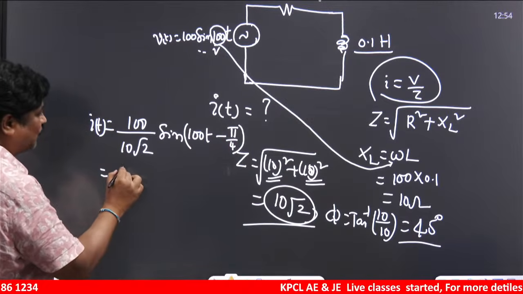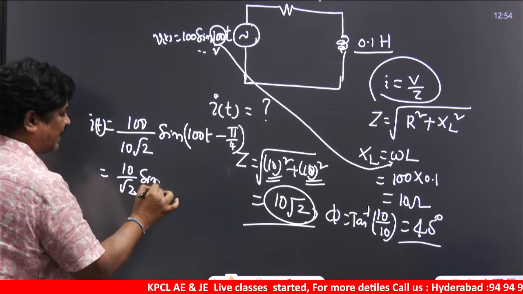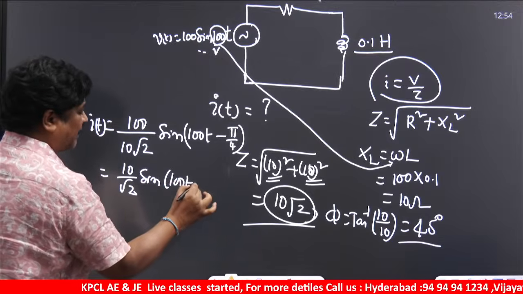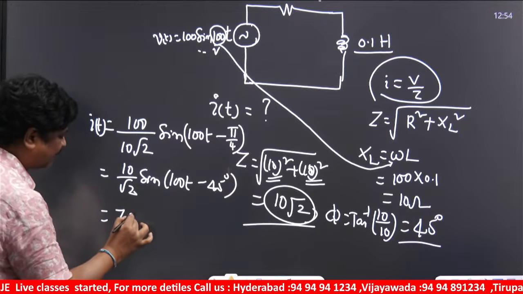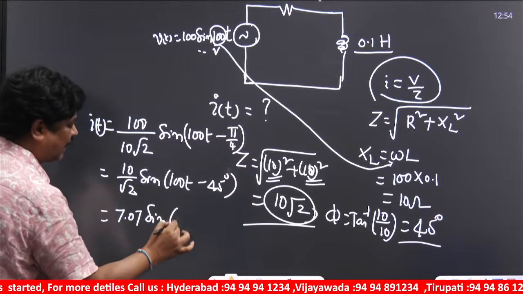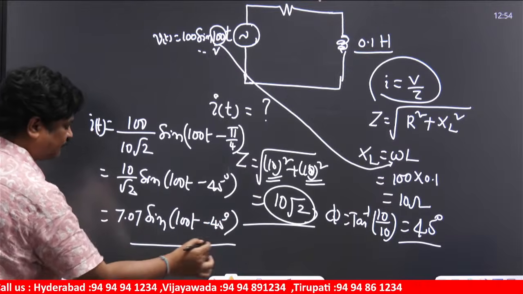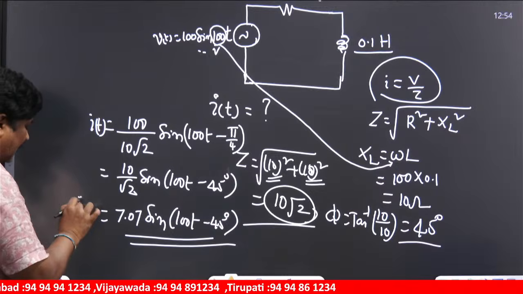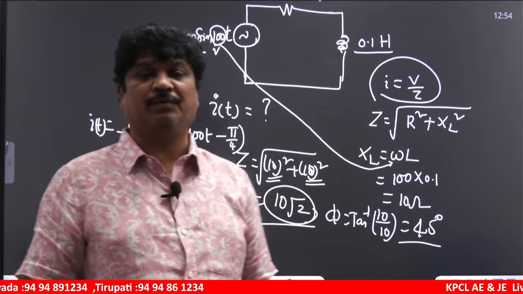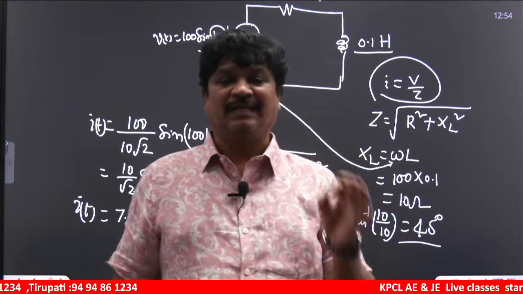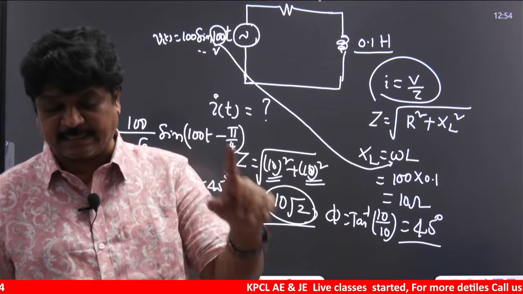That is equal to 10 by root 2 sin 100t minus 45 degrees. That is 7.07 sin 100t minus 45 degrees. This is the current I of t equation. Whatever three problems I told you in this RL circuit, there is a damn sure question, one question we can get in the examination.